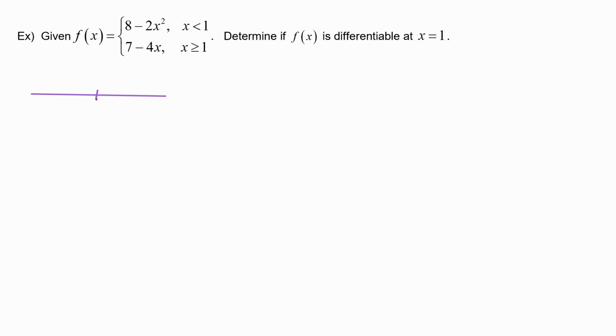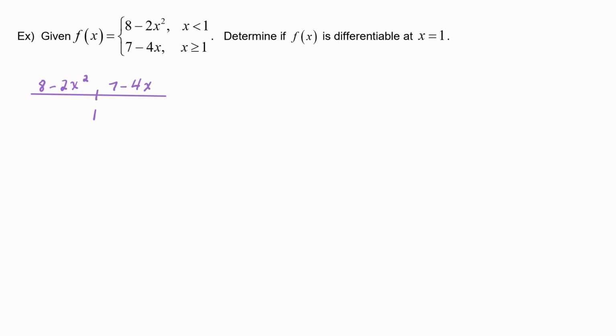The changeover happens at x equals 1. When we are coming into 1 from the left, we are using this upper function, 8 minus 2x squared. When we are coming into 1 from the right, we use this lower function, 7 minus 4x.